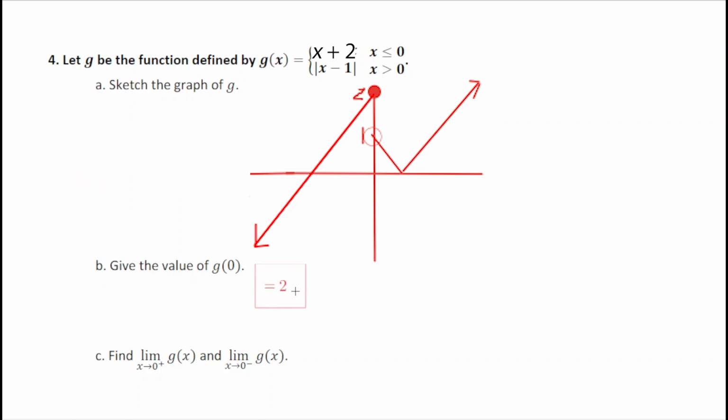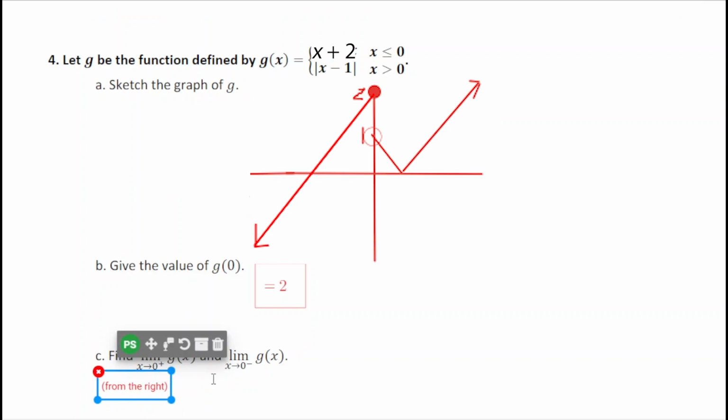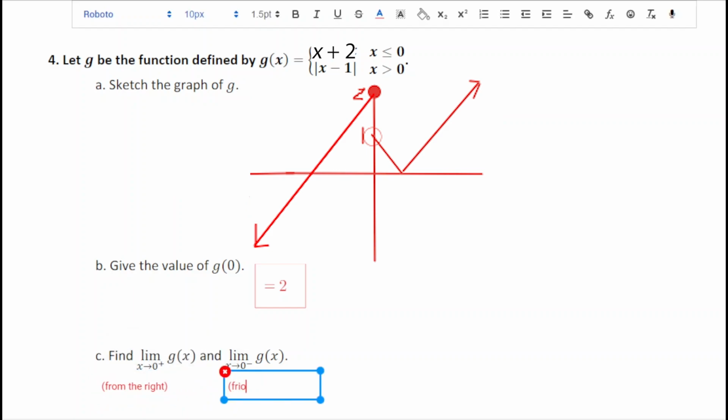Okay, so now if I want to find the limit as x approaches 0 from the right and from the left, just remember, when you see that plus, that's going to be the right-hand limit. So from the right, and then if you see the minus in the top right corner of that number, that's telling you to find the limit from the left.